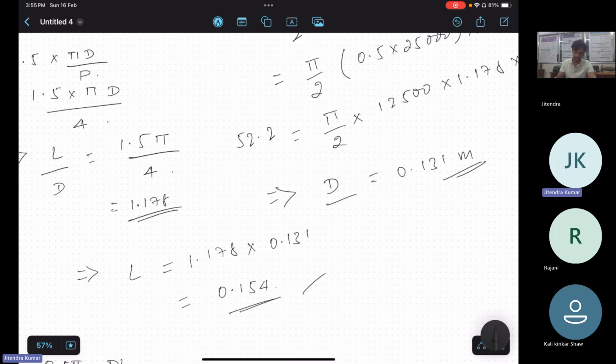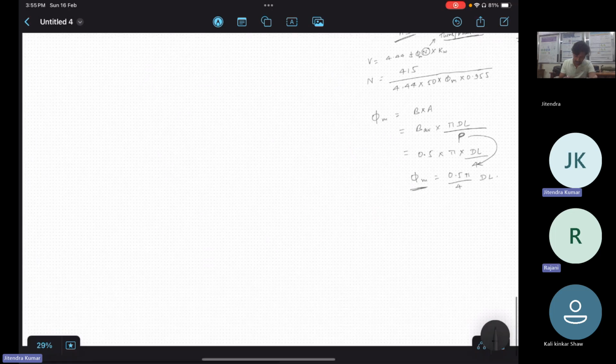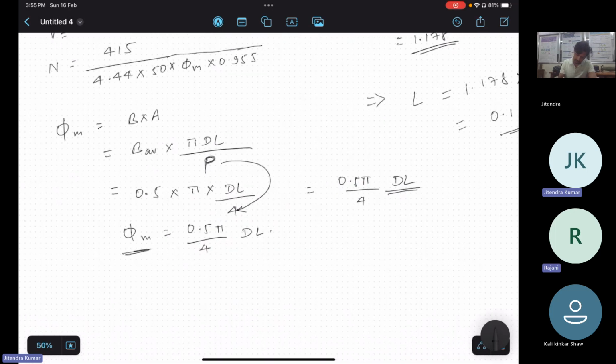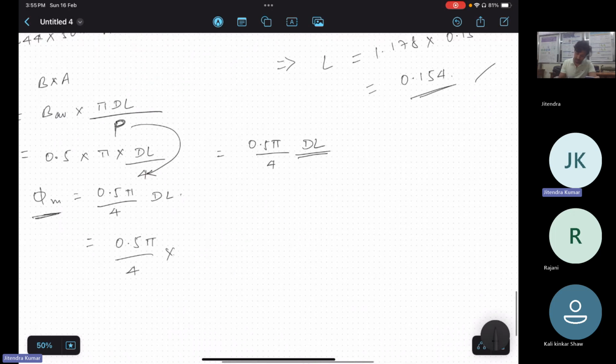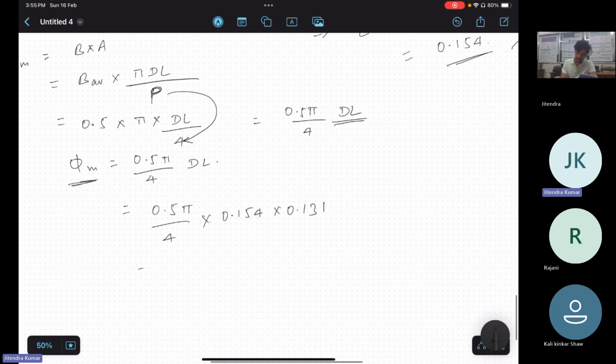So we can calculate the maximum flux in the motor. 0.5 into pi divided by 4, L is 0.154, into 0.131. So can we calculate this value?